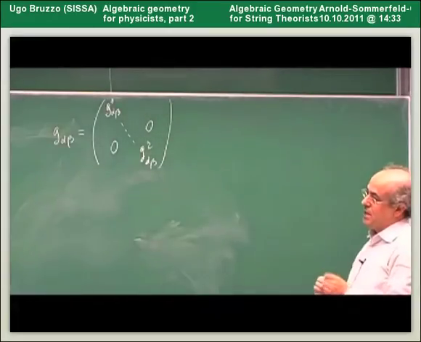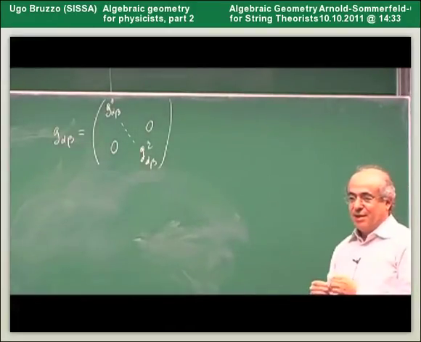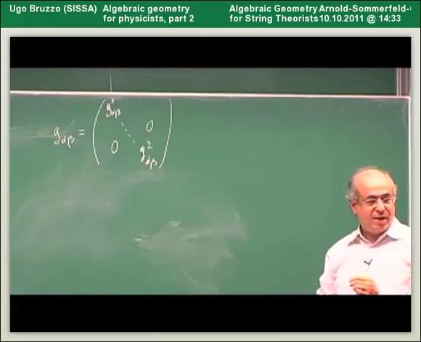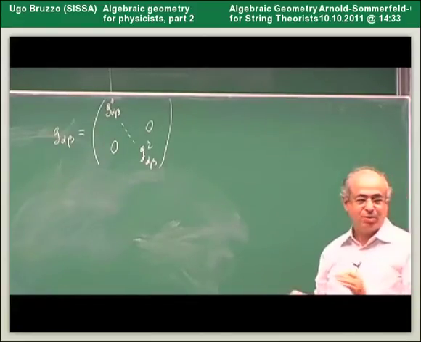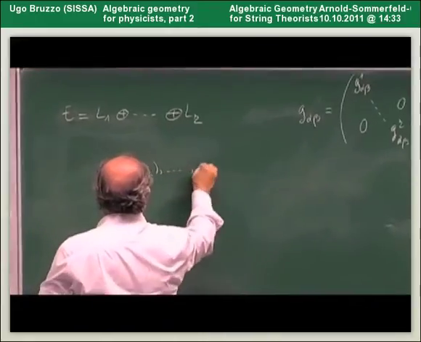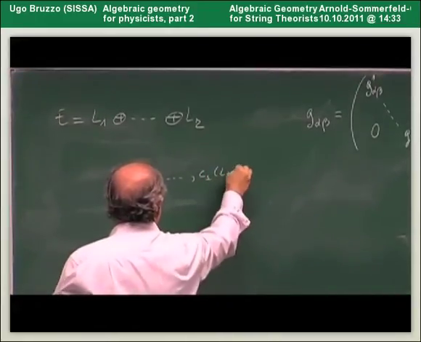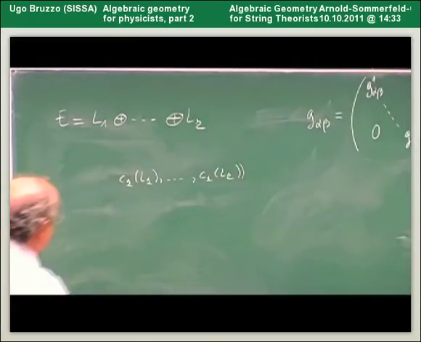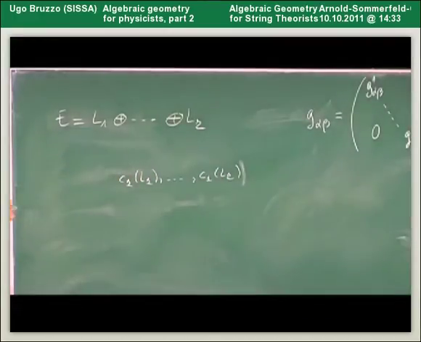Now I need to do some gymnastics. Because I write a formula, and you may say that the formula makes no sense, but actually the formula makes sense, because I will do the following. For each one of these line bundles, I have the first Chern class. And now what I do is the following. You know that I can introduce the so-called elementary symmetric functions of, say, R variables.